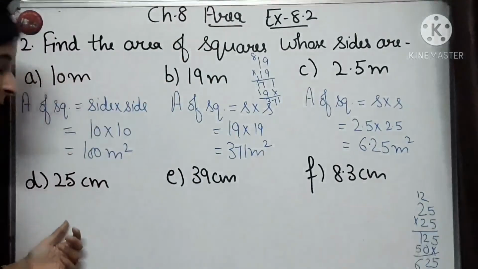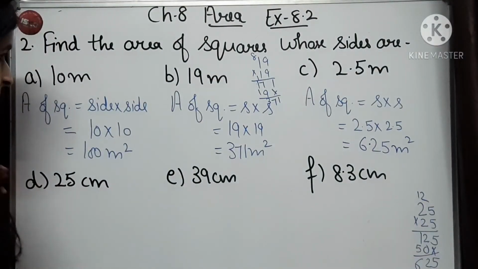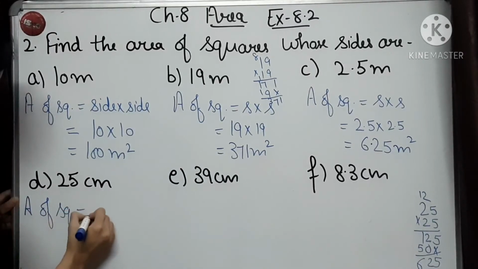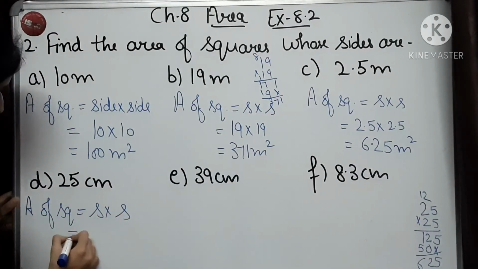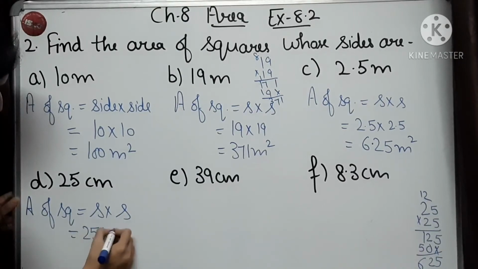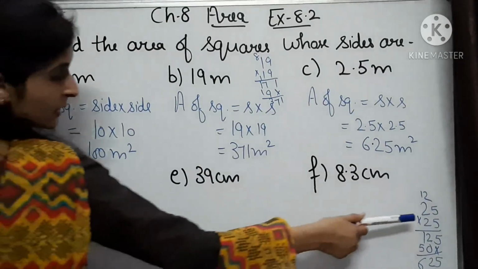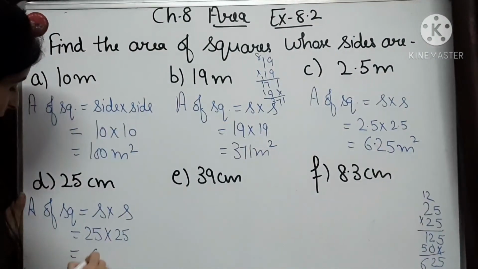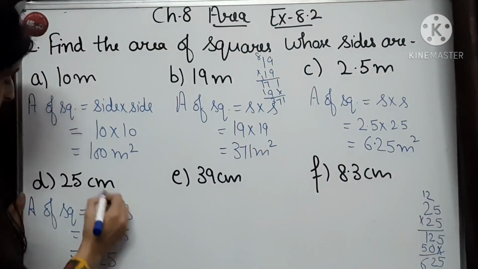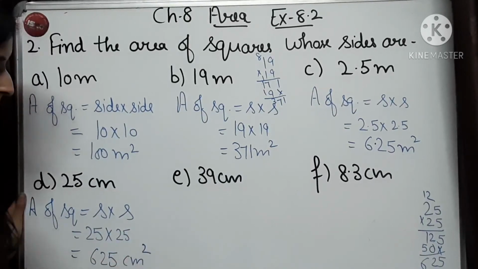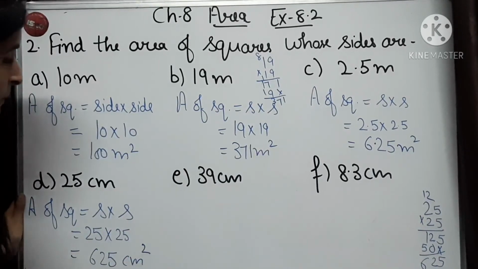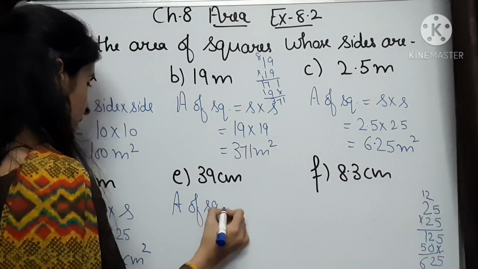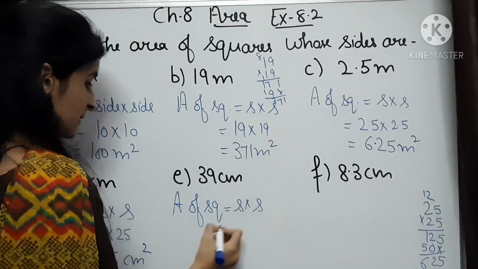Then let's come to D part, 25 centimeter. So area of square will be side multiplied by side, and that will be equal to 25 multiplied by 25. We have already multiplied 25 and 25 here, and the product is 625. So 625 centimeter square. Then let's come to E part. Area of square is side multiplied by side.